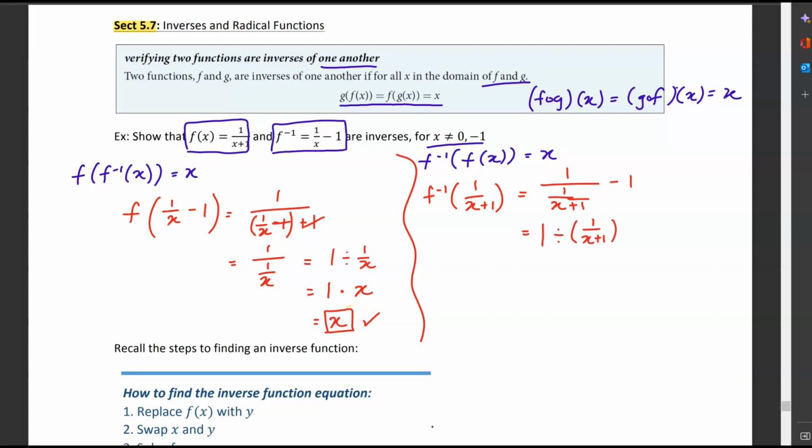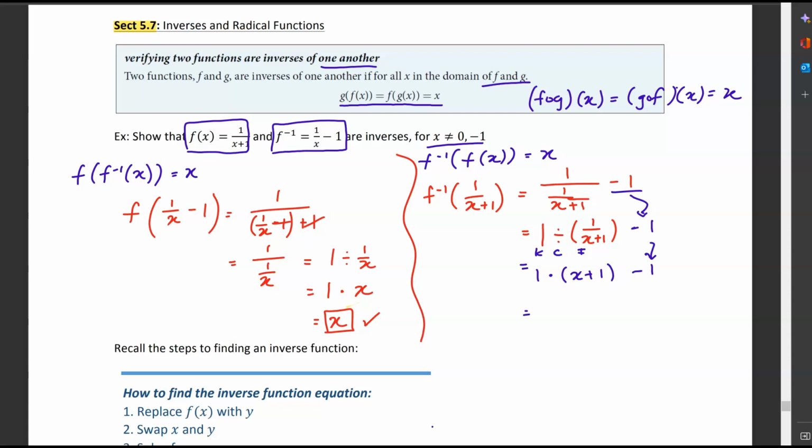If you don't remember this, one way we can do this is keep, change, flip. So kind of like KFC, but keep, change, flip. We're going to keep that 1, change that division to a multiplication, and flip this to x plus 1. I'm just going to tack on that minus 1, bringing this down.